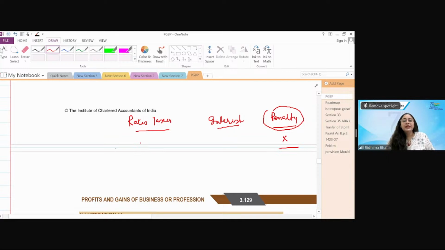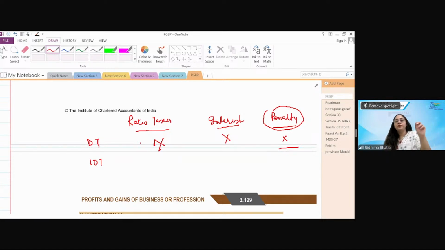But what about rates and taxes or cess, etc.? We can divide it like this: DT, IDT. Direct tax, indirect tax. Whatever is in relation to direct tax would not be allowed. Income tax paid as an expense would never be allowed, right? This is a very common adjustment which comes in your question.